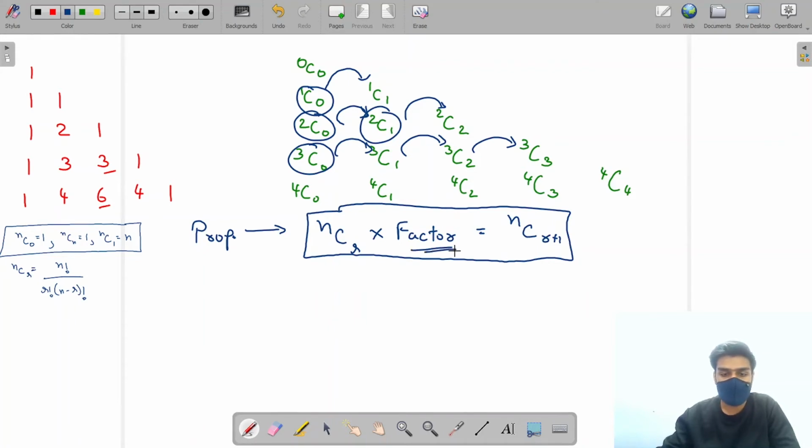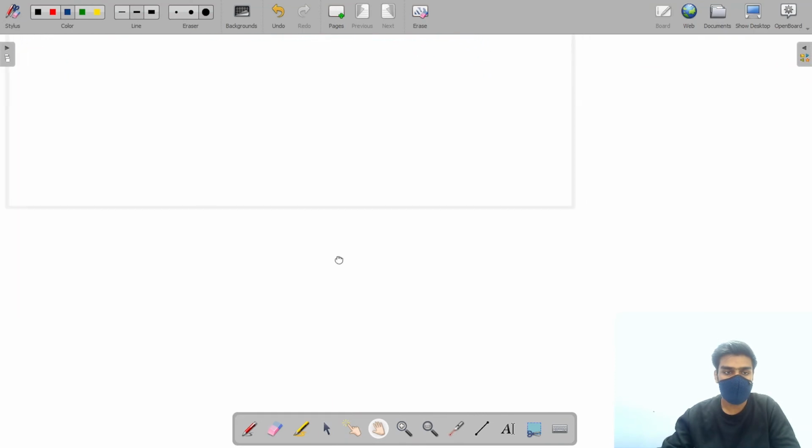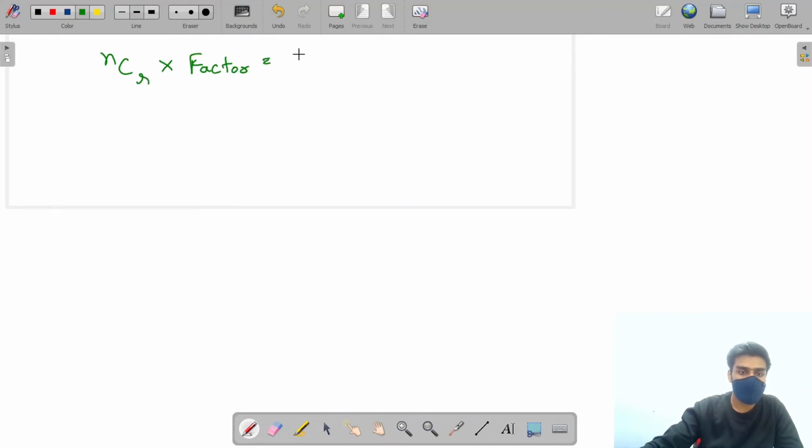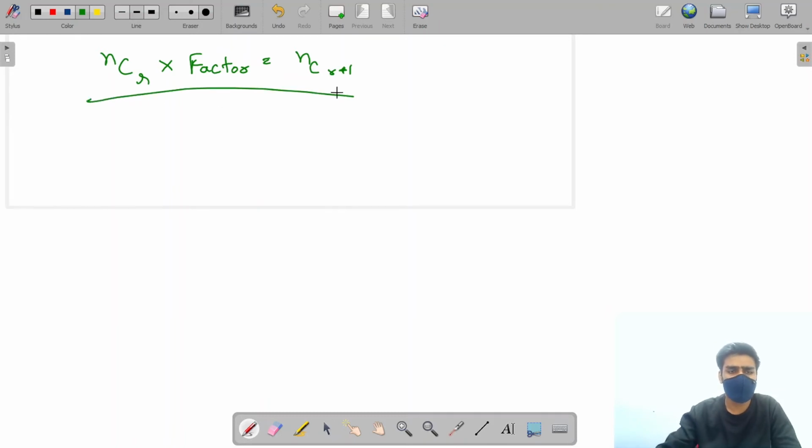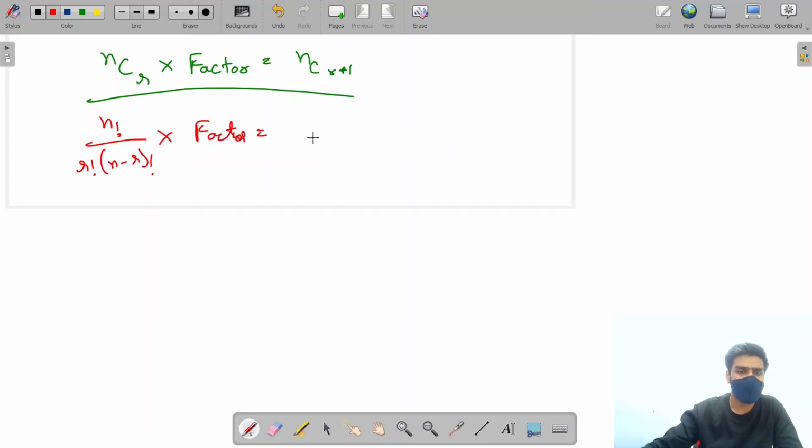So now, the major question is what is the factor? So we'll find out what the factor is now. I will write my formula again here. NCR multiplied by factor is equal to NCR plus 1. And I will not tell you the final answer for the factor. We can derive it very simply. NCR is n factorial upon r factorial into n minus r factorial, multiplied by factor. I do not know what the factor is, so we will write factor only.